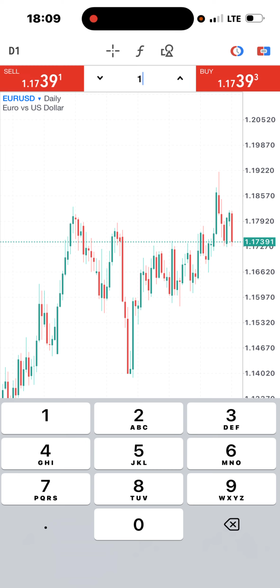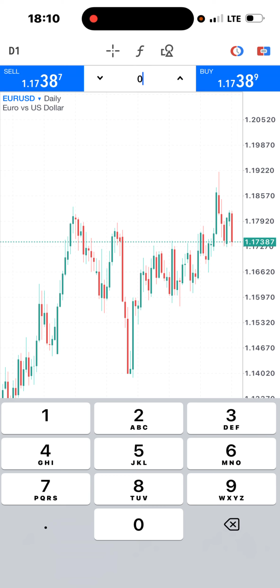So for each pip that Euro USD moves either up or down, I am going to be making or losing $10 depending on whatever trade I'm taking. Now let me take that again. If I put just one, that means that I'm trading this pair with one standard lot. So whatever movement Euro USD makes, for each pip, I am going to be losing or making $10.